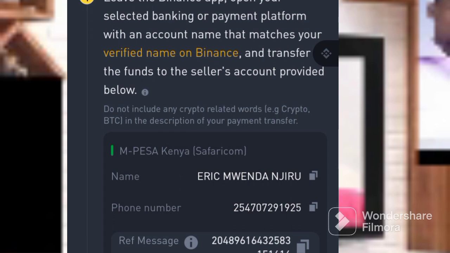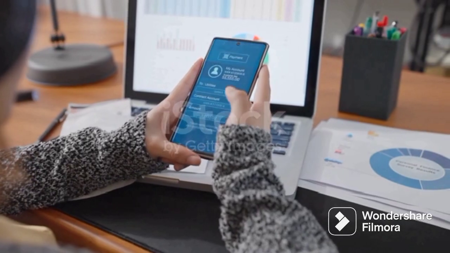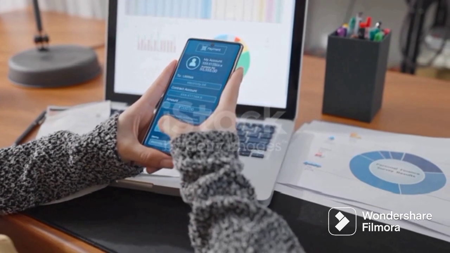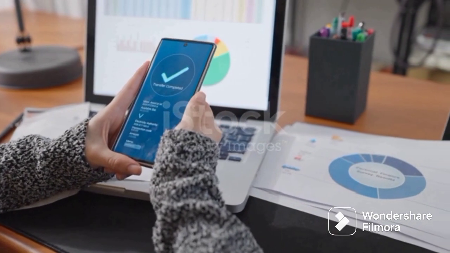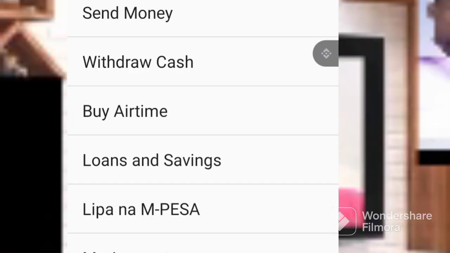You just click that box. That means you've copied the number. Once that number is copied, you go to M-Pesa, if you are paying with M-Pesa, and you send and paste the number.